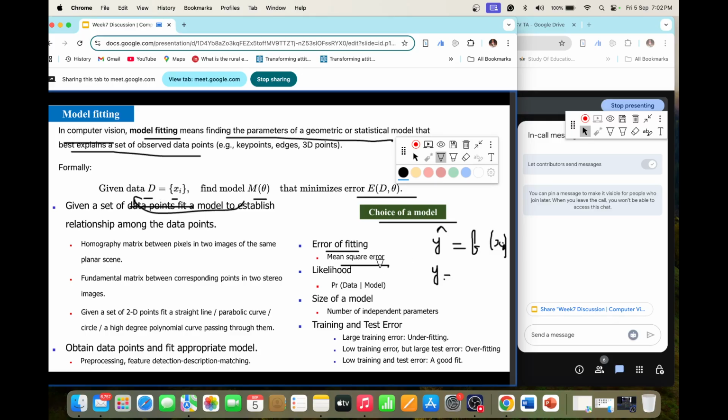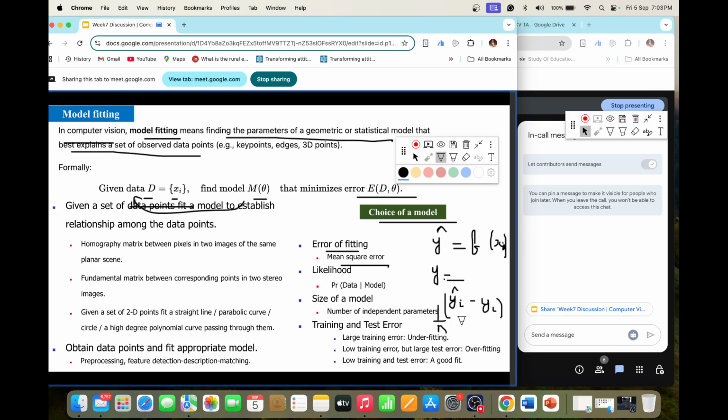Now the mean squared error is nothing but the sum of (y hat i minus yi) squared, multiplied by 1 by n.